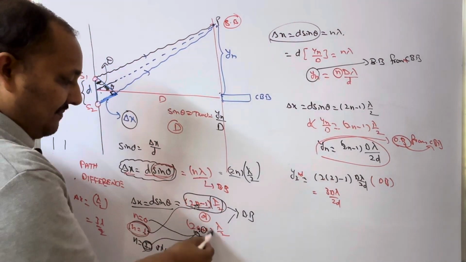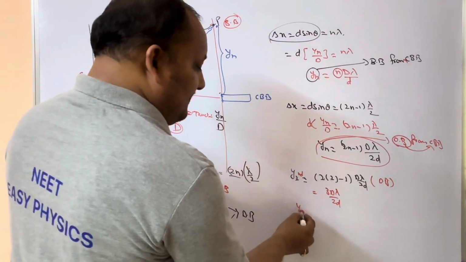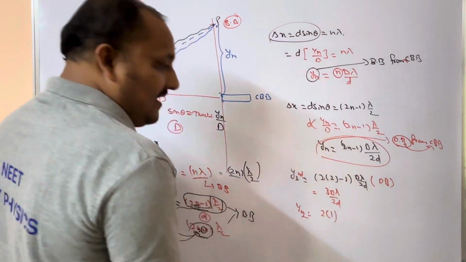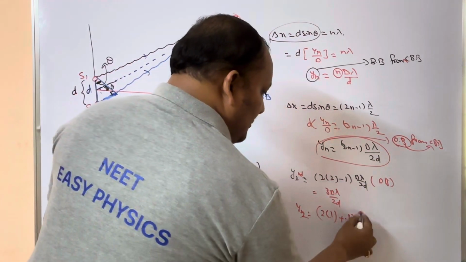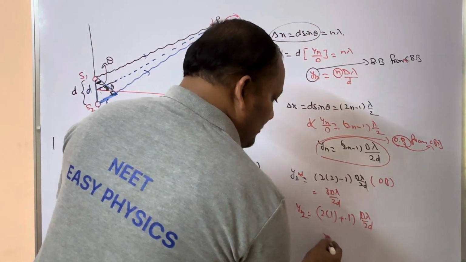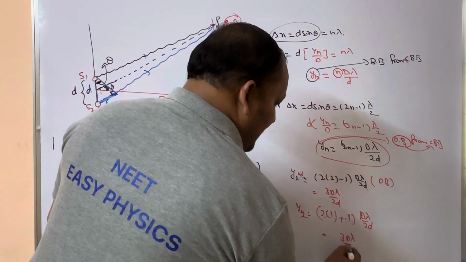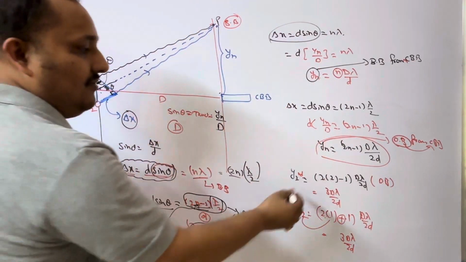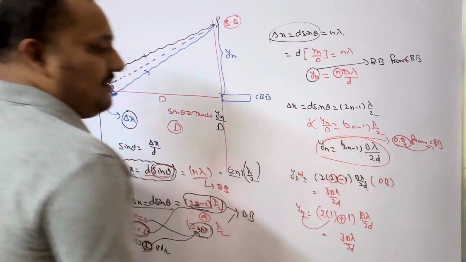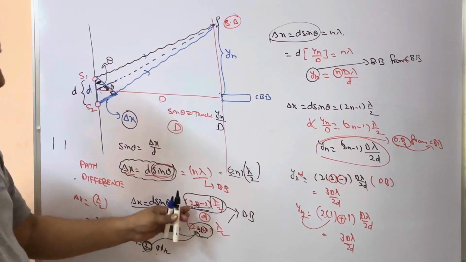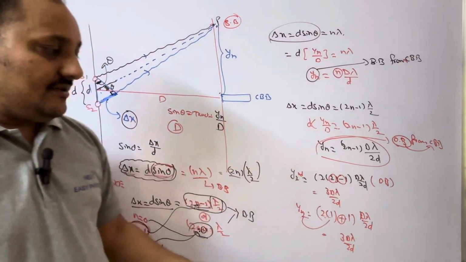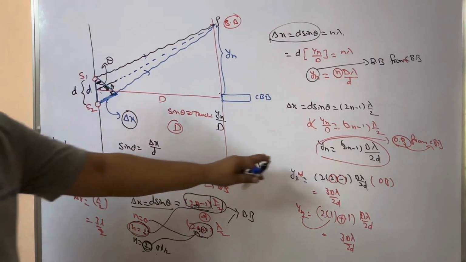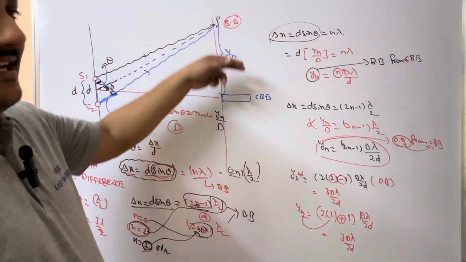If you are using 2n plus 1 for the second dark band distance, you have to take n value 1: 2n plus 1, D lambda by 2d, and again you will get the same answer, 3D lambda by 2d. So you should not substitute 2 if you are using plus; you substitute 2 if you are using minus. That is the advantage of taking 2n minus 1. Don't take 2n plus 1, so that we can substitute directly and easily. So this is about the nth bright band and nth dark band distance from the central bright band.